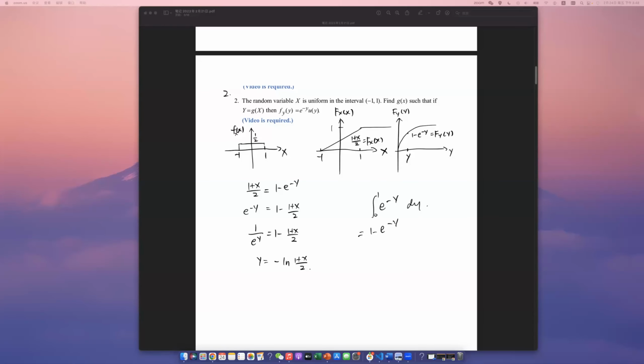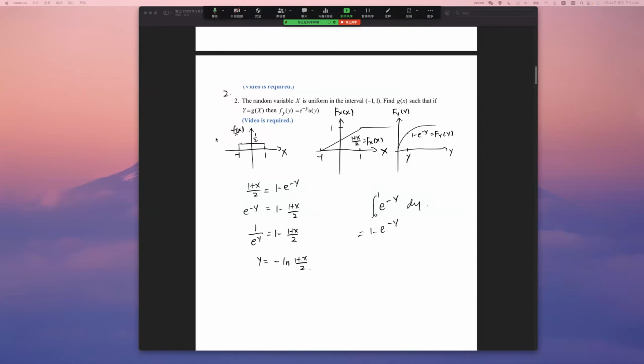So for the second question, it asks for g(x) such that y equals g(x), and because x is uniform in the interval -1 to 1, from the formula we can get 1 over (b minus a), which equals 1 over 2, and f(x) is uniform from -1 to 1 with the value of 1 over 2.